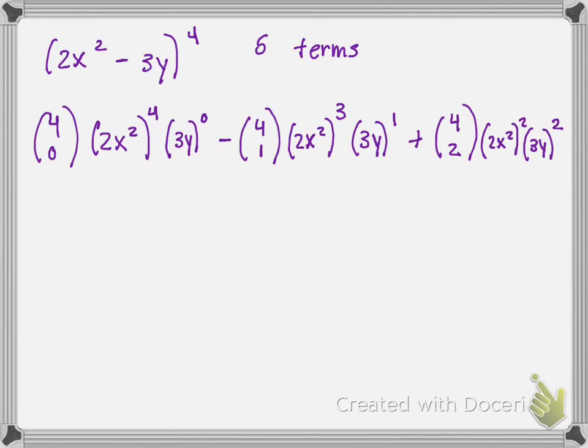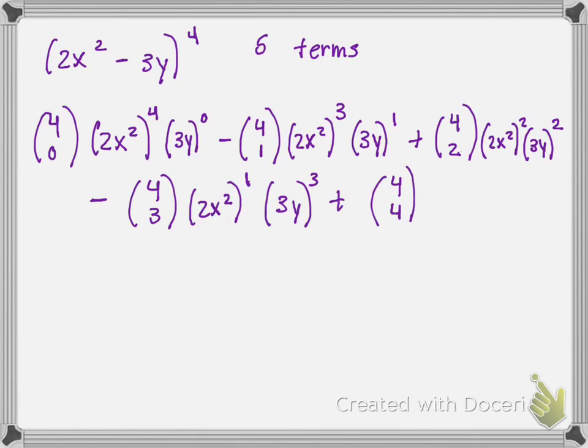We're running out of room here, so we're going to go to the next line, minus 4, 3, times 2x squared to the 4 minus 3, which is 1, times 3y to the third, because we're doing the bottom term, and then the last term is plus 4, 4, times 2x squared to the 0 times 3y to the 4th. So that's how we're going to set up this one. We're not actually going to expand it because that's going to take a little too long, and oftentimes you're just going to have to show the setup and not actually expand it. So don't worry about doing that.